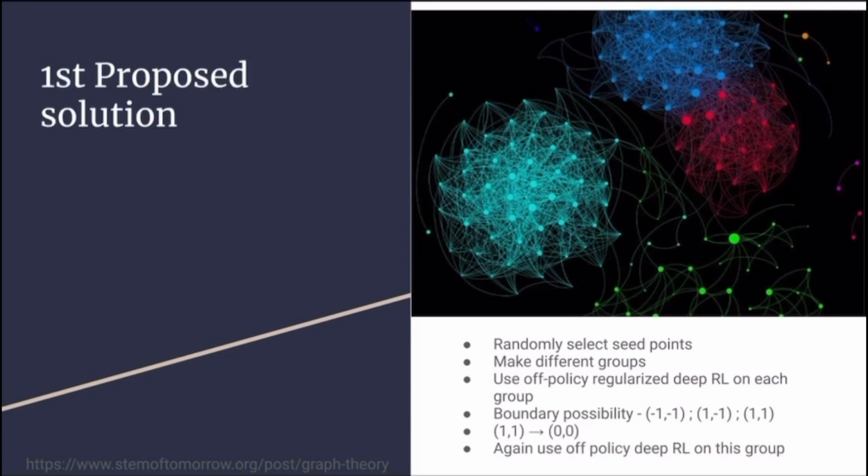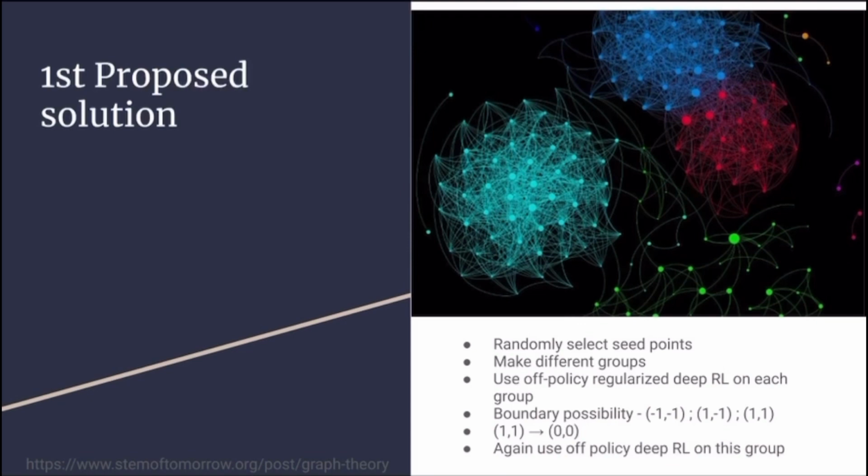Now once we have assigned those values, we can again run that same off policy RL algorithm on that whole group which has 0, 0 values. Once we are done with the groups, we are going to clean up the whole graph, and again use that algorithm to get our independent set elements.